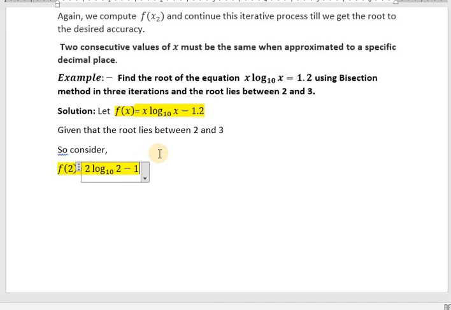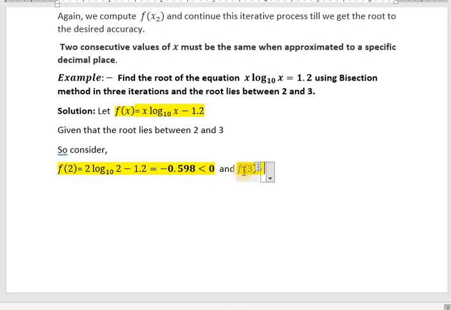So consider f(2), that is x value equal to 2. So 2 log 2 minus 1.2. By solving this, we get minus 0.58. It is a negative value, so f(2) is less than 0.